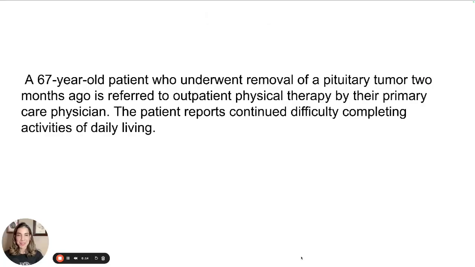All right, everyone. So let's talk about the anatomy of a test question. And we're going to go through some questions. That way you can practice and also see how I would approach a question like this. So it's important for you to know that every test question is composed of a clinical vignette. Most questions are going to be presented as this.